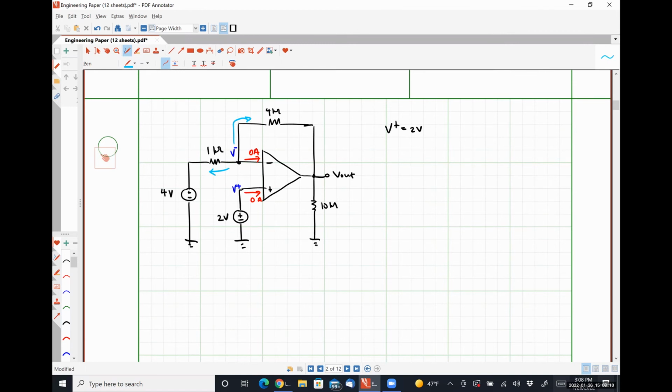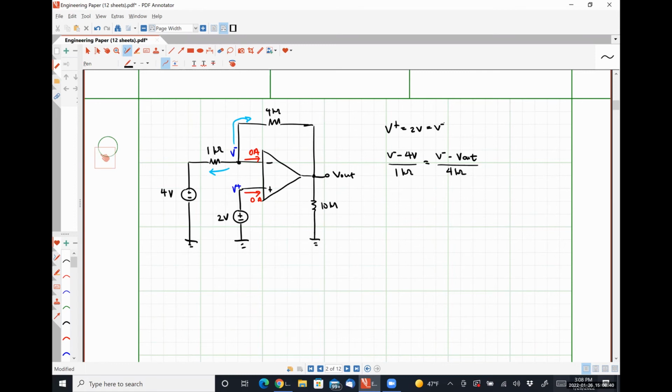If we apply KCL right here, what we'll find is that V minus 4 volts over 1 kilo ohm is equal to V minus V out over 4 kilo ohms.